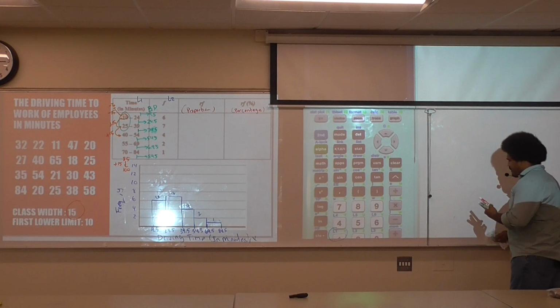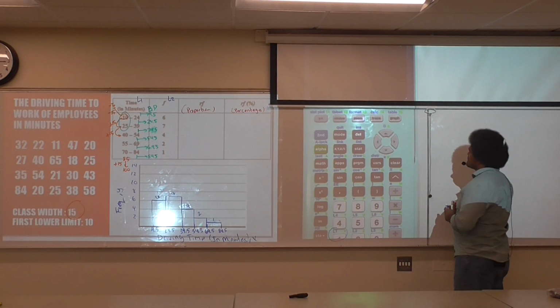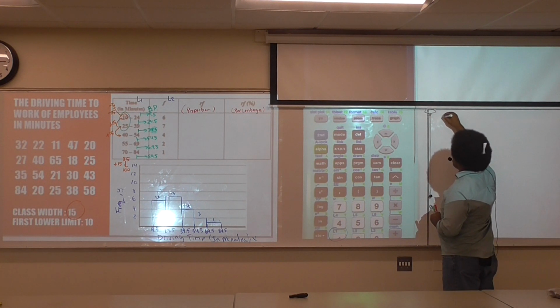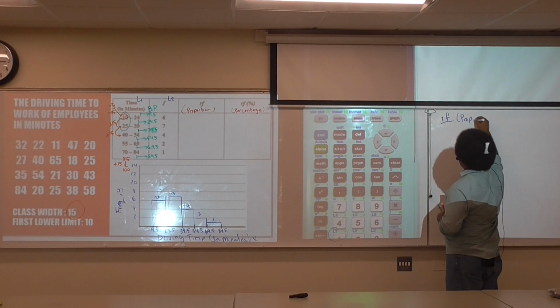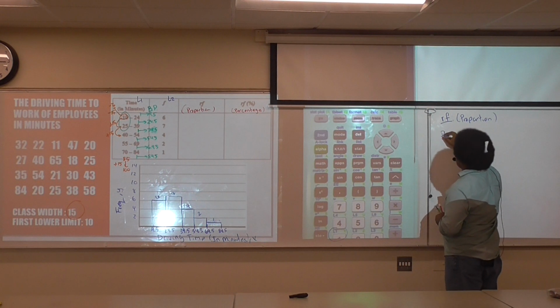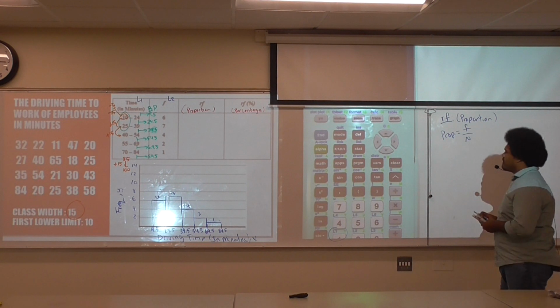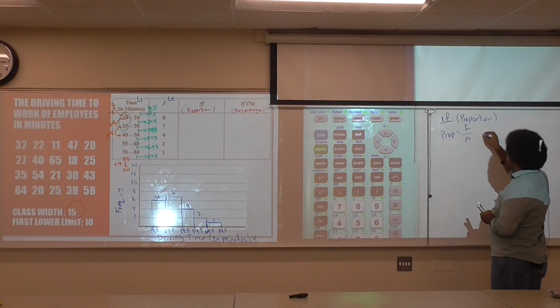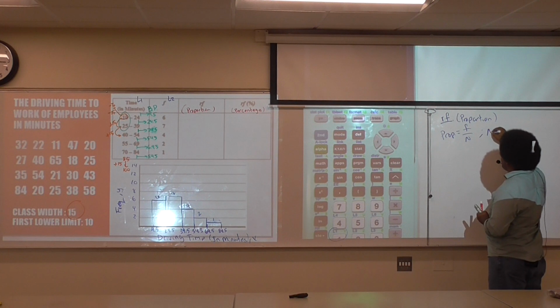And when it comes down to relative frequencies, if I'm doing relative frequencies for proportion, our proportion should equal our frequency over n, which is the number of observations we have. How do we find the number of observations?